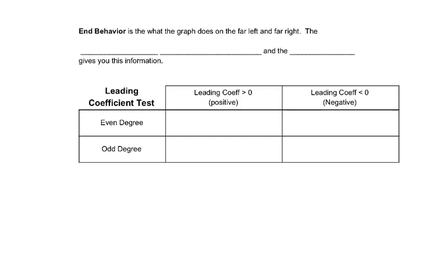End behavior is what the graph does on the far left and the far right. The leading coefficient and the degree tell you this information.